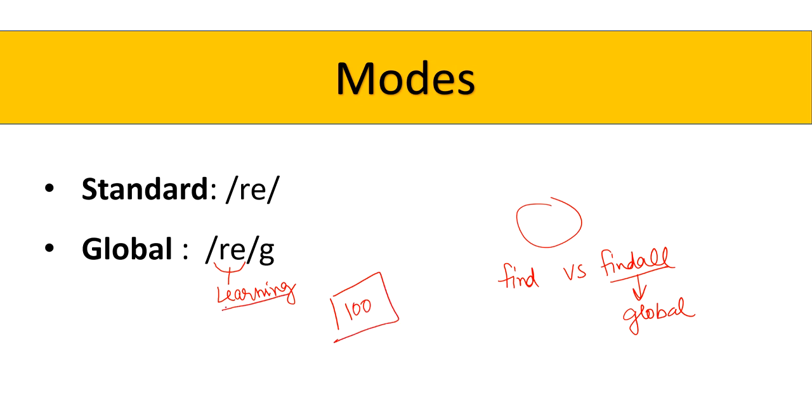This regular expression learning will find all occurrences in all 100 documents and return where learning has been used throughout them. And if I don't use global, it will return just the first learning of our first document. That's what find and find all does for us.